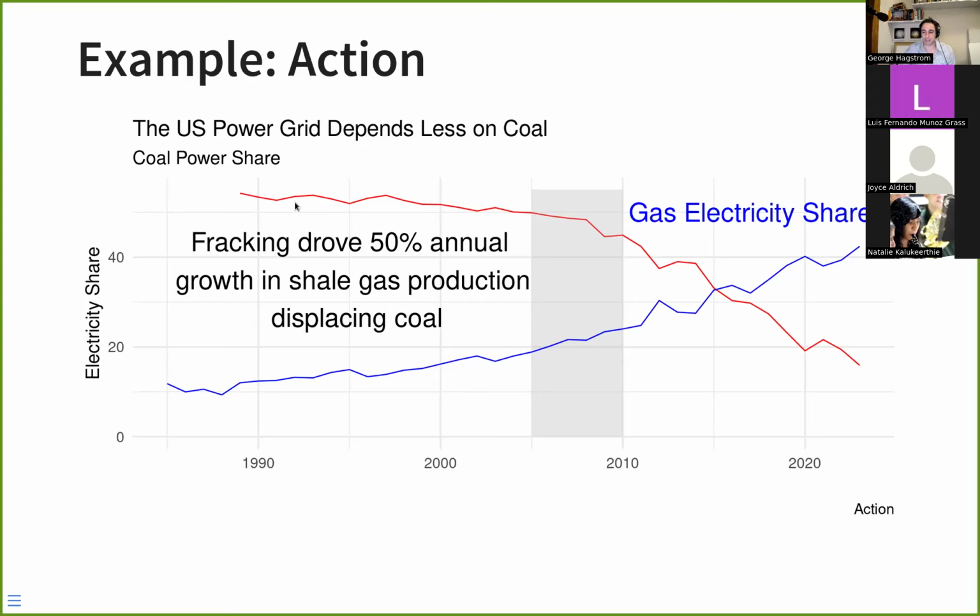And this almost one for one displaced coal power. And so you see here, during this period highlighted by the gray triangle, there was basically a 50% annual growth in shale gas production. Shale gas is just a subset of types of natural gas. This is the natural gas that fracking produces.